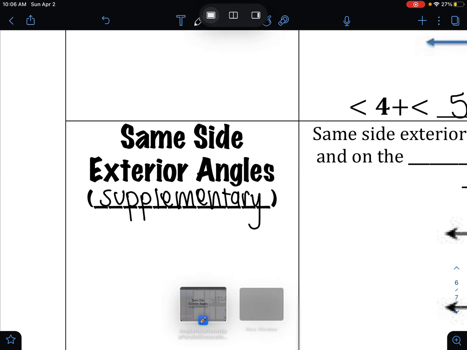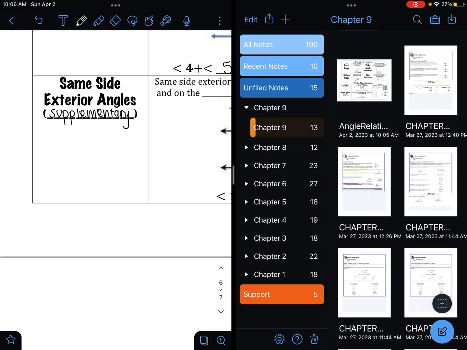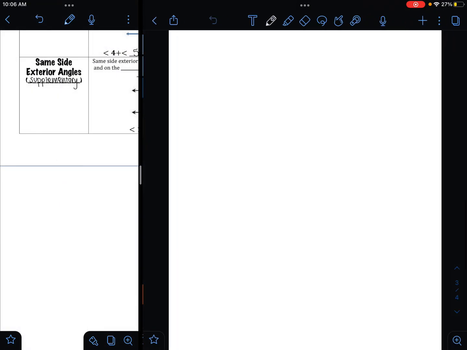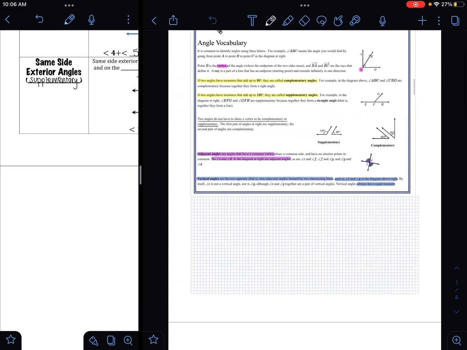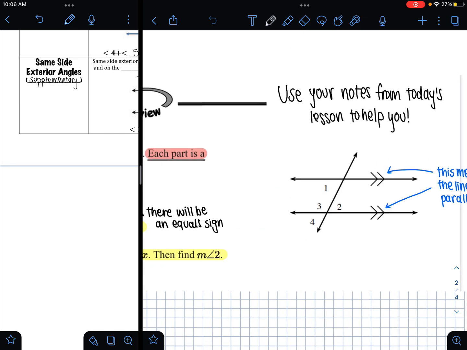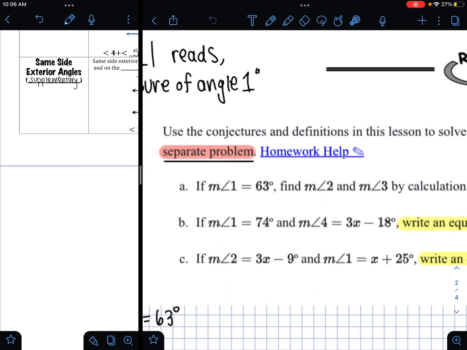So when you're working on your homework tonight, please have these notes up alongside it. Split screen your notes with your homework. When I'm working on tonight's homework, it's going to ask me about this pair of parallel lines cut by a transversal. And it has three different situations.